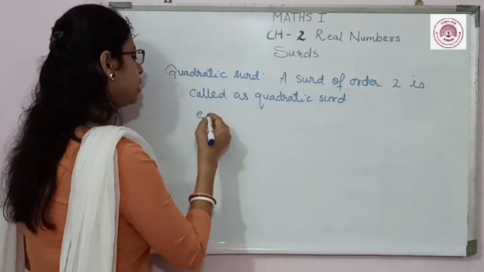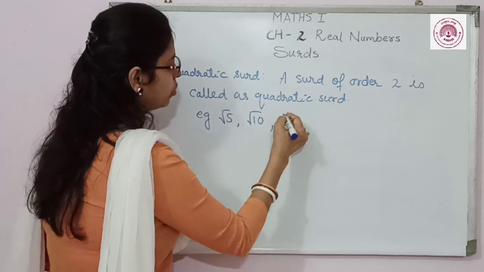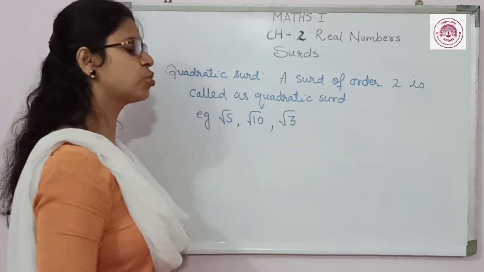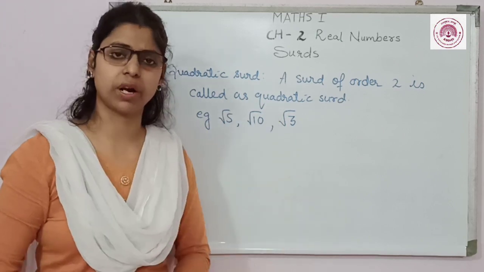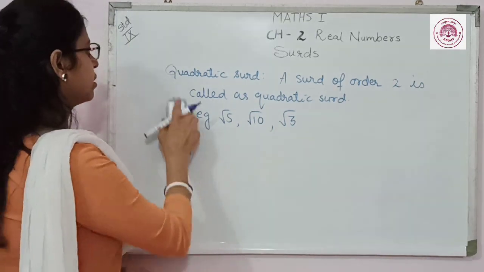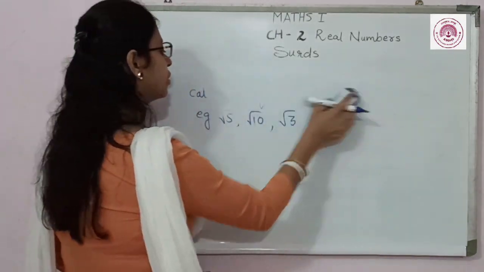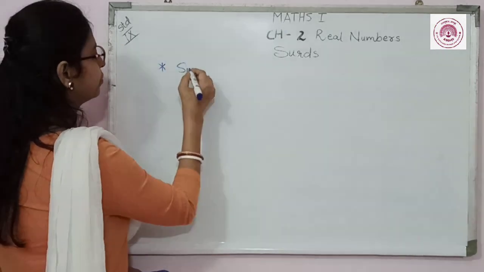For example, root 5, root 10, root 3 and so on. Okay, so if the order is 2, then it is called a quadratic surd. Now let's see the next topic. Simplest form of a surd.